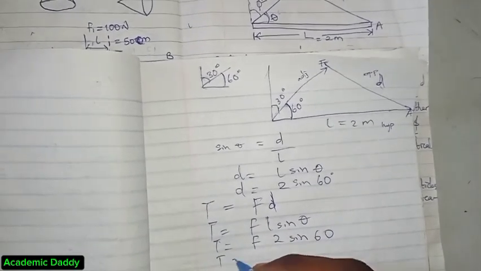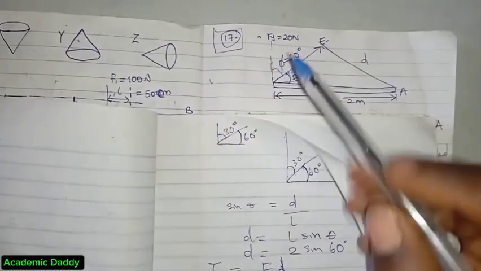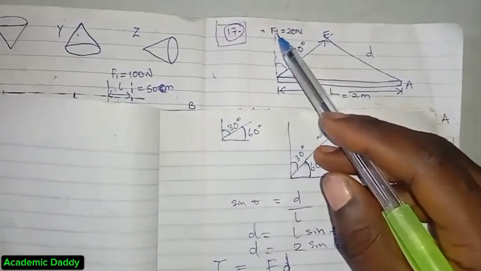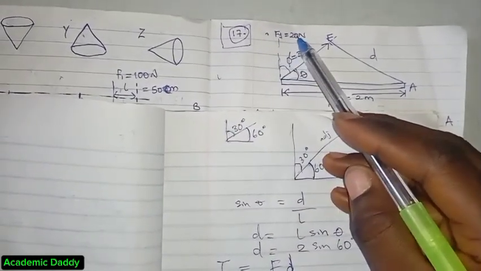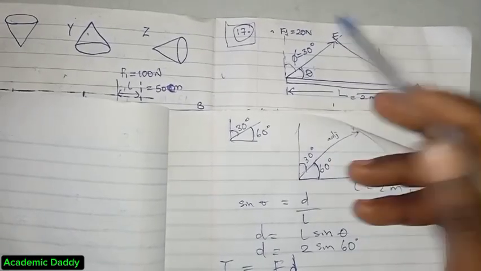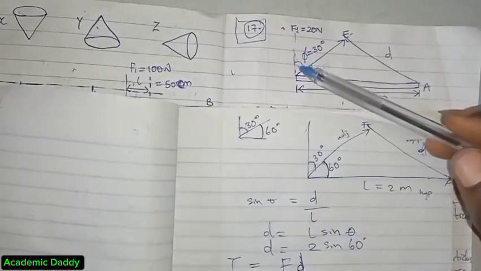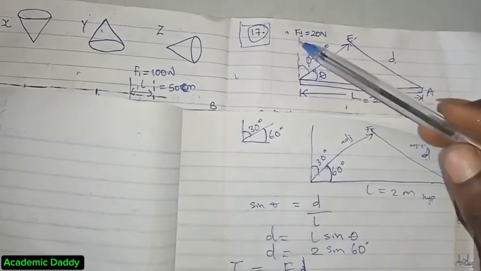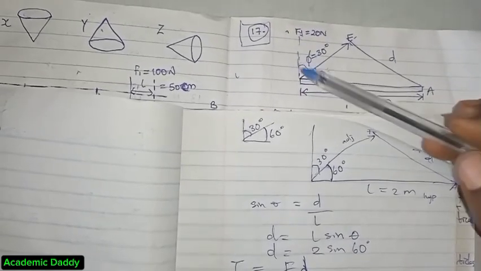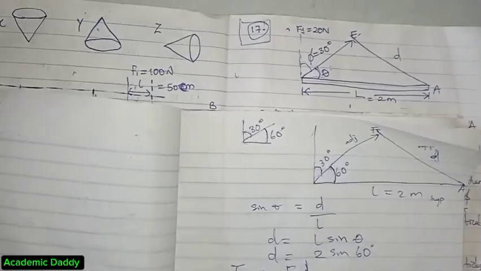Now what is my F? Notice that the F given to me here is 20 Newton. Is it not true? This is 20 Newton given to me. And this is when it's on the y-axis. This is already on the y-axis, 20.